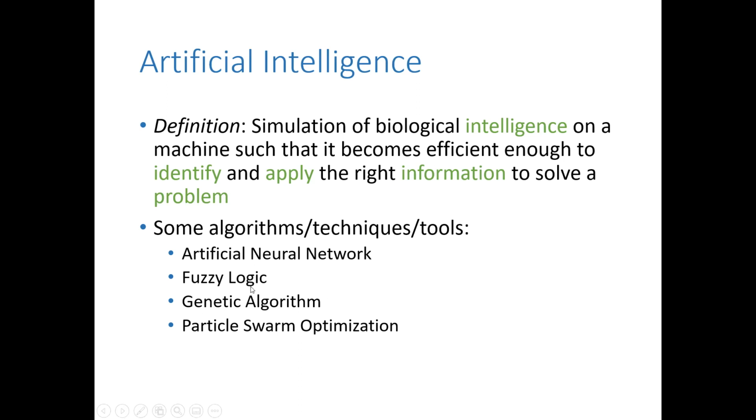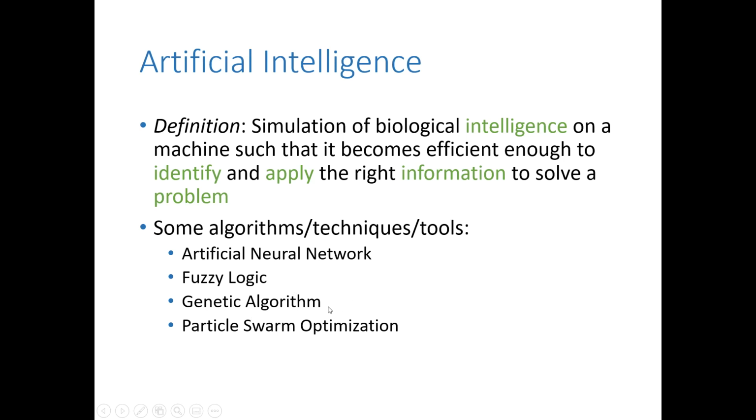Fuzzy logic tries to imitate the way human beings make decisions, so it produces outputs given several inputs. And we have looked at an important application area of fuzzy logic, that is the fuzzy logic controller.